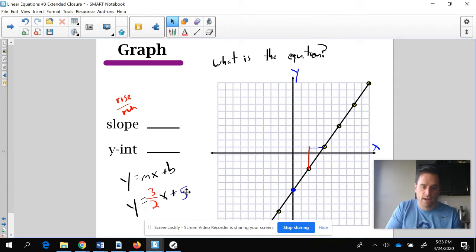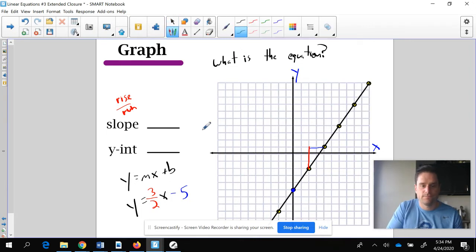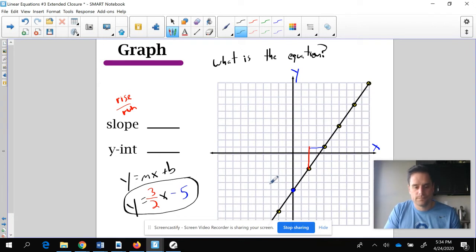B is going to be -5. That's just a -5. And this is your equation. That's it. You got it. That's your slope. This is your y-intercept. And that's going to give you your graph.